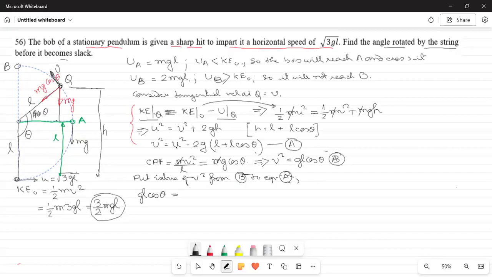What is u square? U square we already know. U is equal to root 3gL, so u square is equal to 3gL. So gl cos theta is equal to 3gL minus 2gL. Now this minus and plus becomes minus again, which is equal to 2gL cos theta.